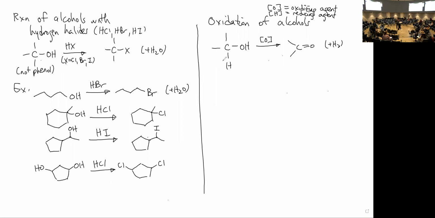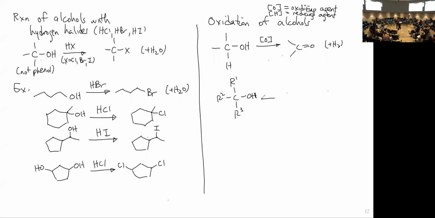Again, I do need to stress, you do need at least one hydrogen on the same carbon as the OH group. If there is not at least one hydrogen, then no oxidation is possible. So for example, tertiary alcohols, which we already defined the last time.